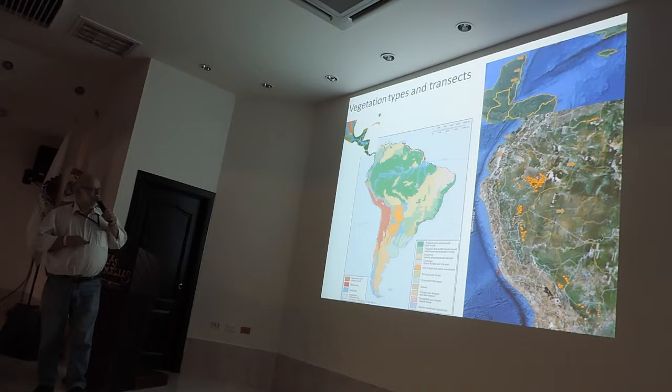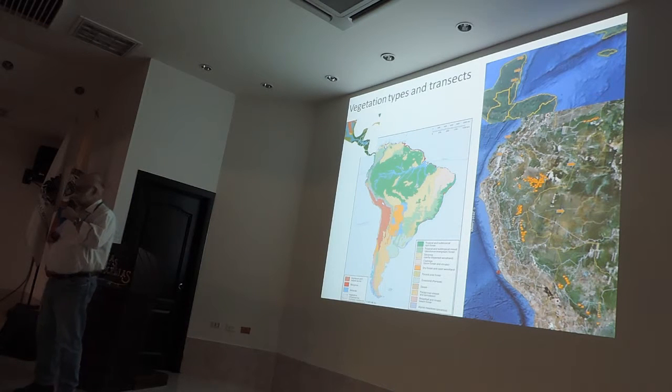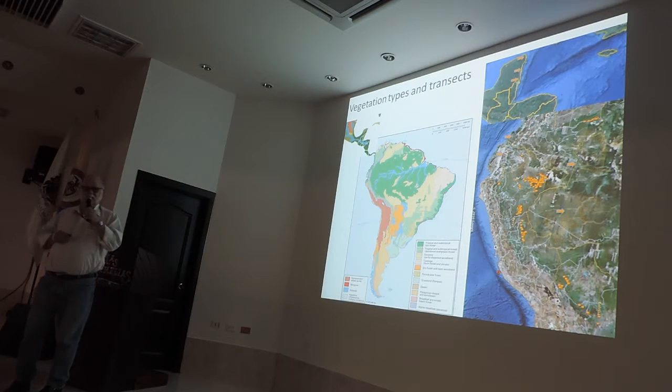So this vegetation map shows the major vegetation types, and what we will show you today is based on a sample of the palm communities that we have done over the past several years in the palms project that many of you have participated in.